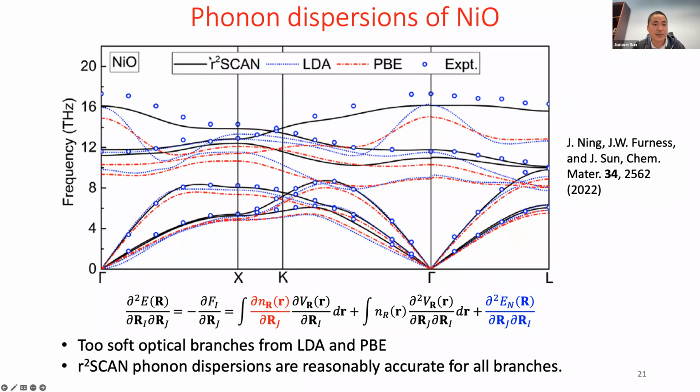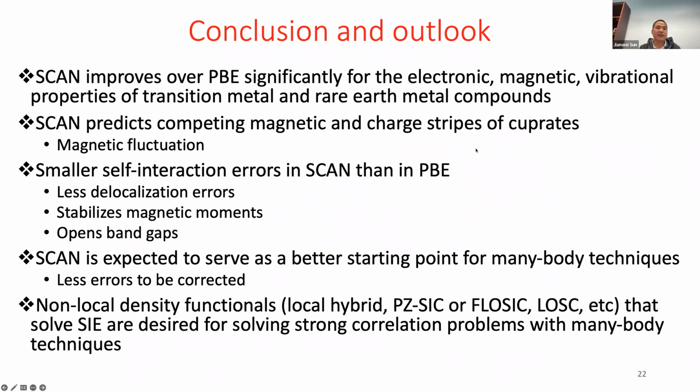Now r2SCAN usually gives you quite good lattice constants, so it gives a quite accurate description of this blue term, and also a good description of the response of the electrons to the atomic displacement. But the key here is still the self-interaction error. The magnetic moment is more accurate from r2SCAN than from LDA and PBE for the nickel atom.